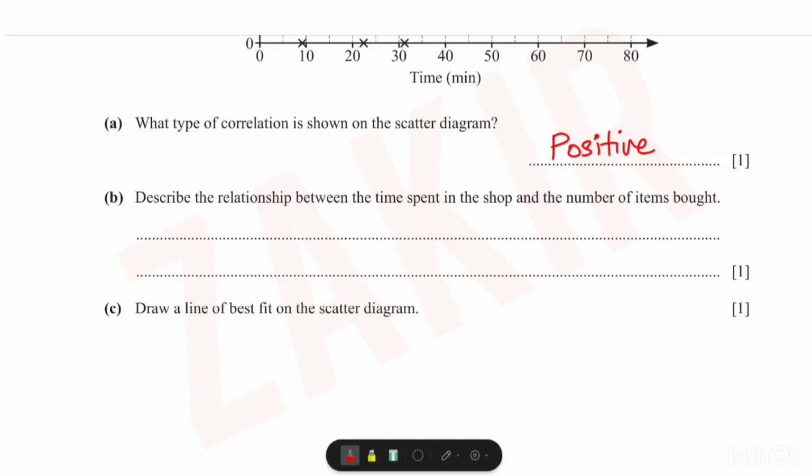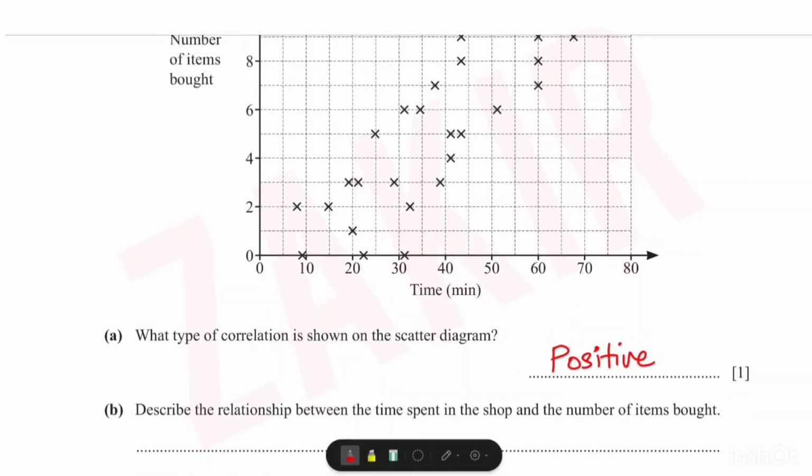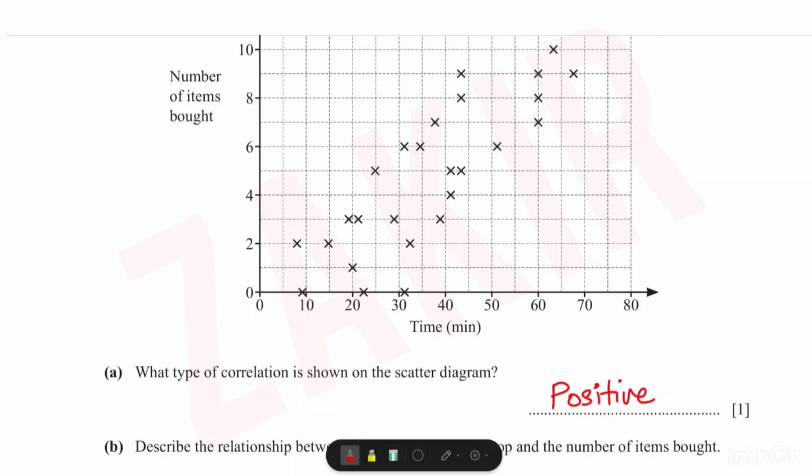And what is the next thing which we are asked here? Describe the relationship between time spent in the shop and number of items bought. Okay, see that if somebody spends 10 minutes in the shop, two items are bought. If he spends 20 minutes, three items are bought.